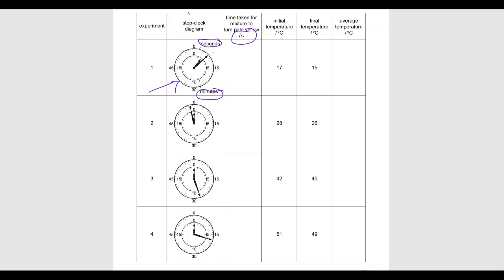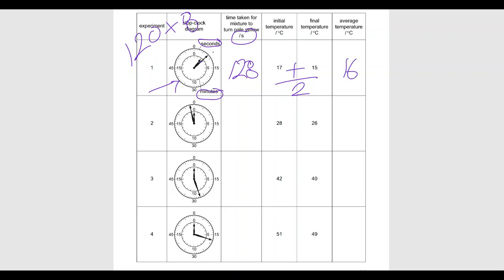You clearly have 2 minutes and 8 seconds. 2 minutes, that means 60 plus 60, 120, plus 8. So the time taken for the mixture to turn pale yellow for the first experiment is 128. For the average temperature, you just need to add them together over 2, so you will get 16.